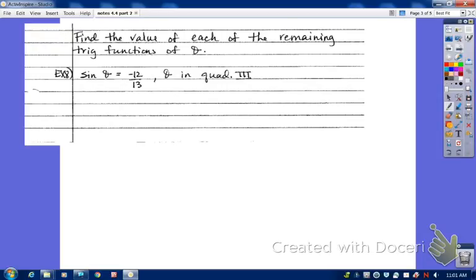Next set of directions say find the value of each of the remaining trig functions of theta. All right, so they're giving me sine. So what I like to do is say if they're giving me sine and it's 12 over 13, let's think about this. Sine is a y value.